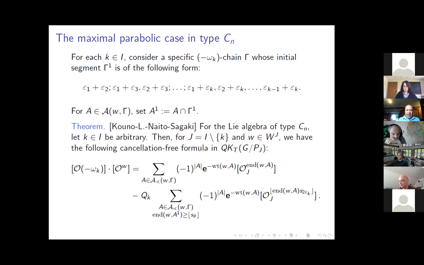Here is just one case. You have to get into some details of how this negative omega k chain looks like. I'm not going to do that. There is a similar explicit formula, again cancellation free, again for any maximal parabolic here, no minuscule condition.